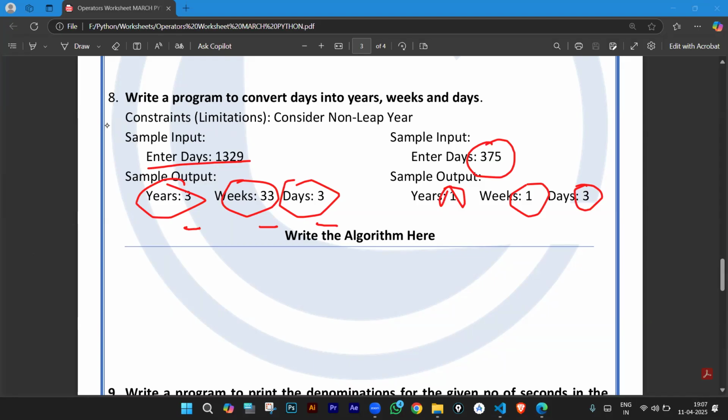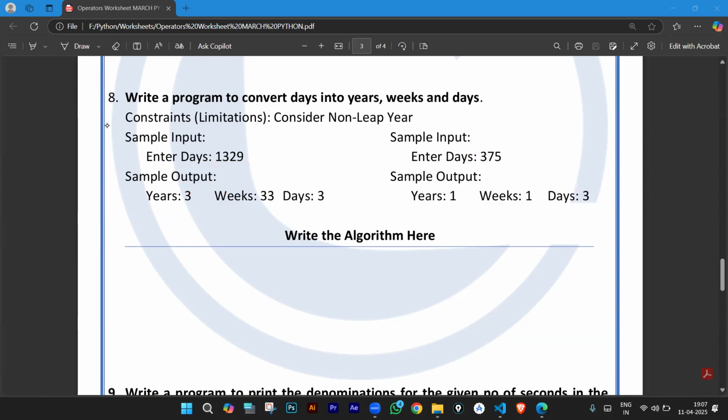Now what we need to do: the user will give us some input, and we need to convert that into years, weeks, and days. But there is a constraint. Sir, what are these constraints? Once you start preparing for company written exams, on all the platforms, you will see constraints. Constraints are restrictions or extensions of your question, additional limits.